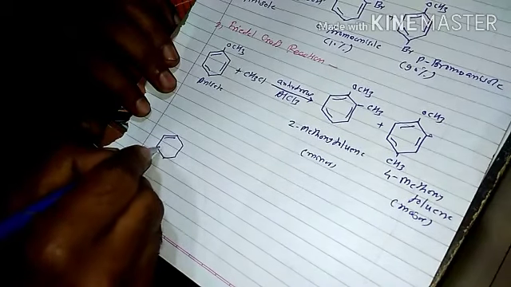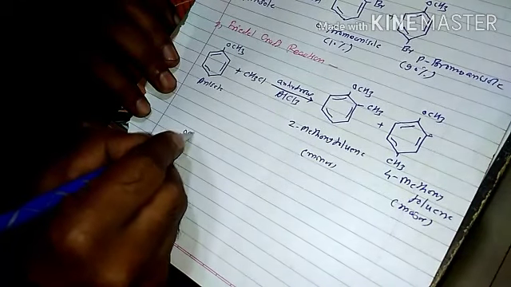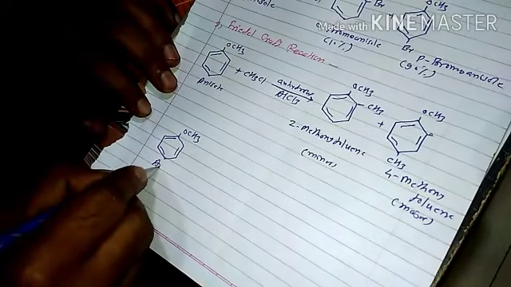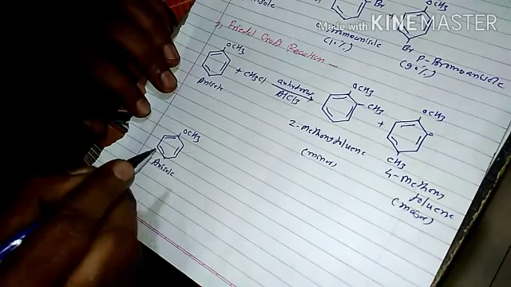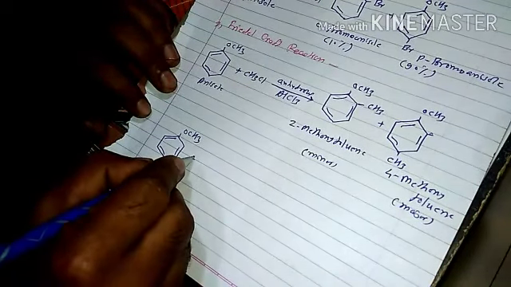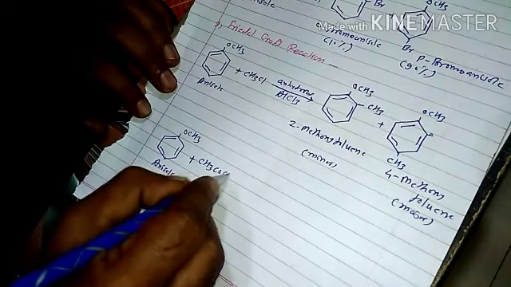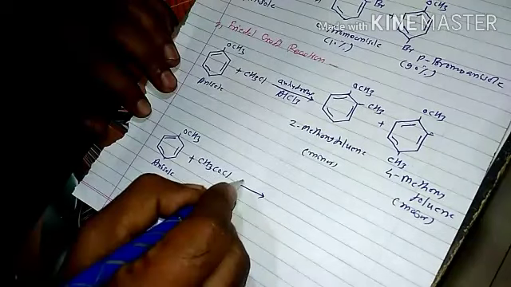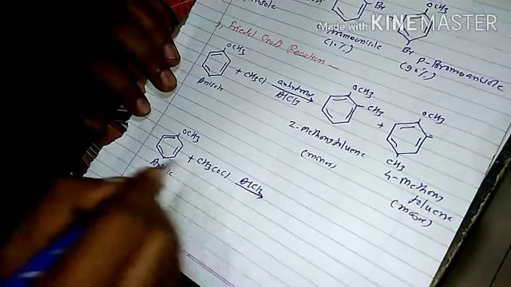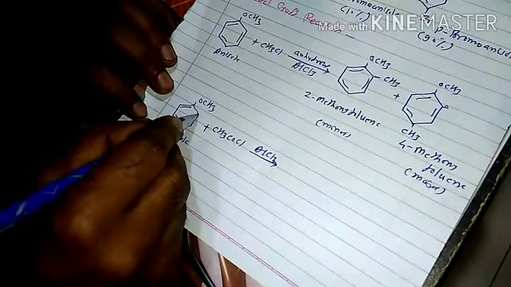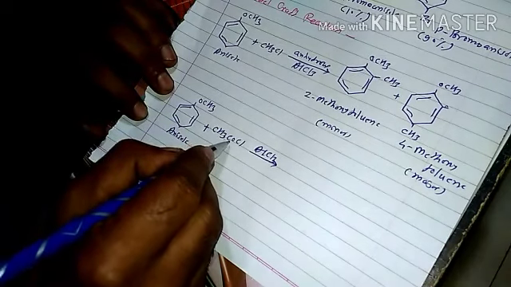Now if this anisole, OCH3, is treated with an acyl chloride, for example acetyl chloride, CH3COCl, in the presence of this anhydrous AlCl3, then the hydrogen atom at ortho and para positions is replaced by this CH3CO.